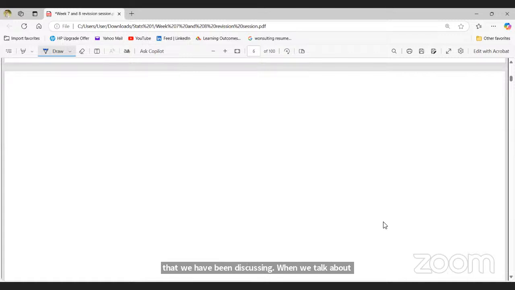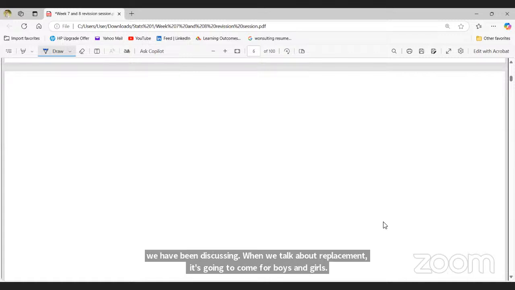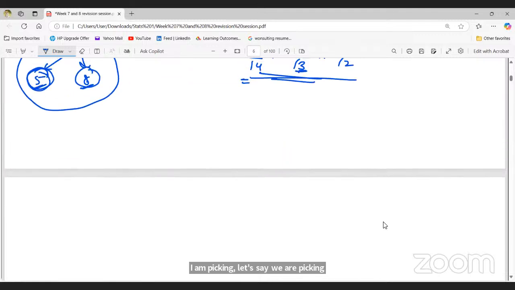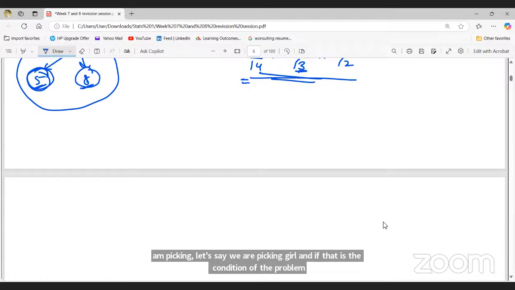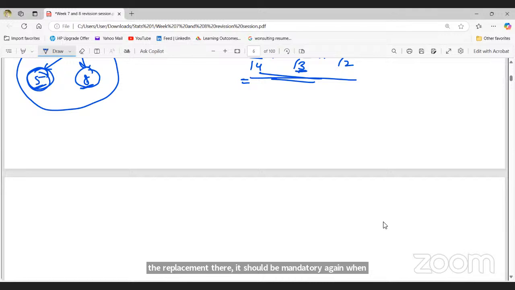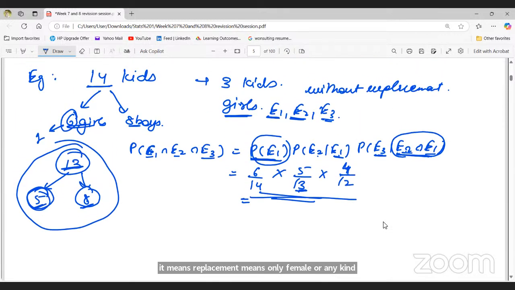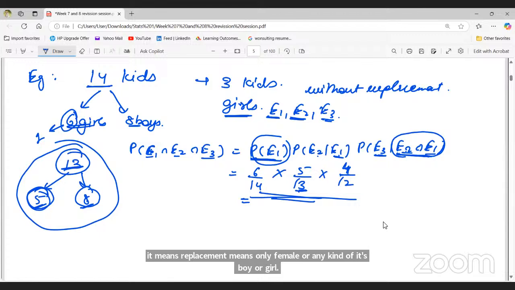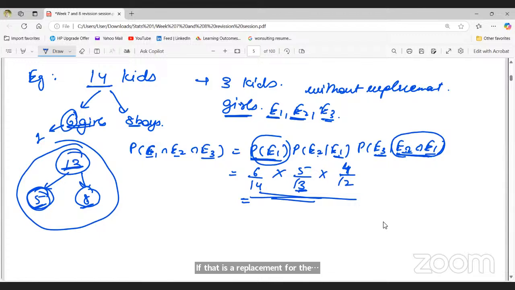With regard to replacement, especially when it comes to boys and girls, let's say in the previous question we are picking a girl, and there is a condition of replacement. I just want clarification.